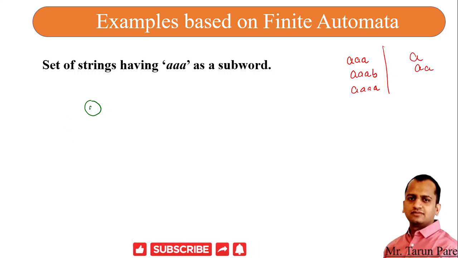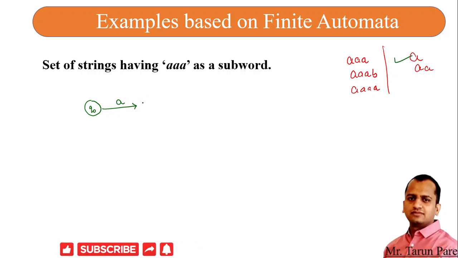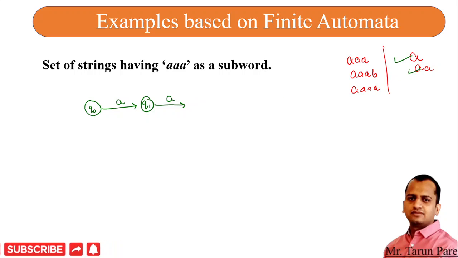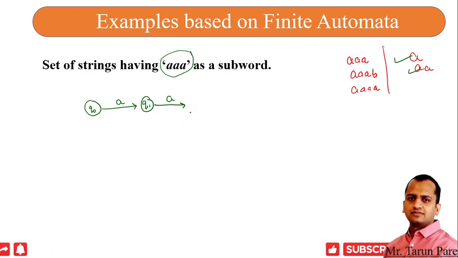If we pass A from Q0, so here we have passed this. Then if we pass the second A, this A has been passed, but our problem statement is still not satisfied. Till the time our problem statement is not satisfied, we will not reach the final state.